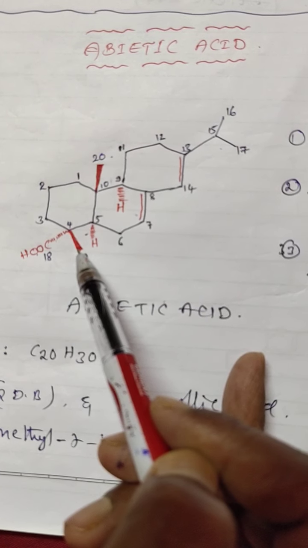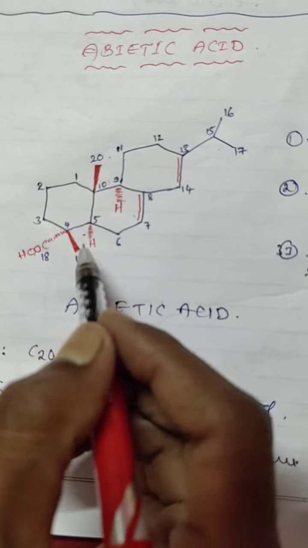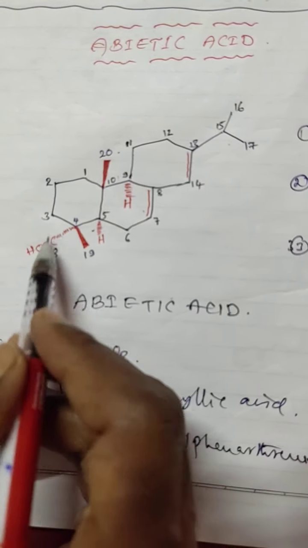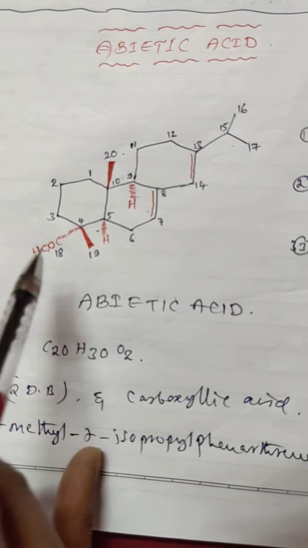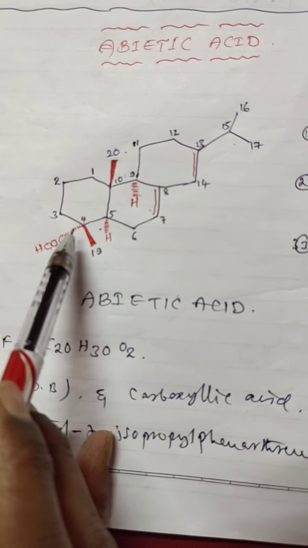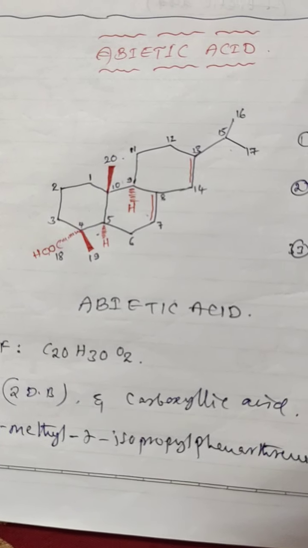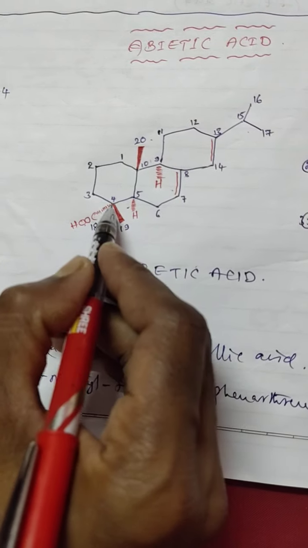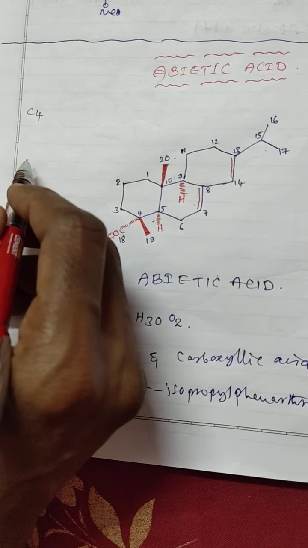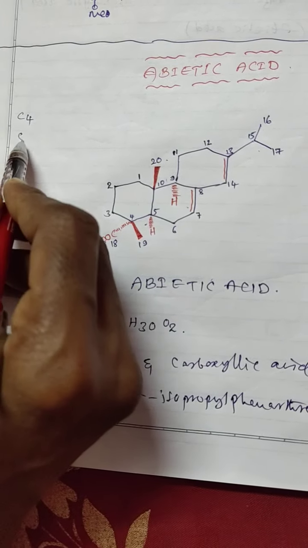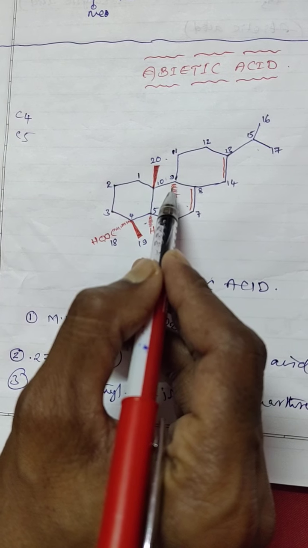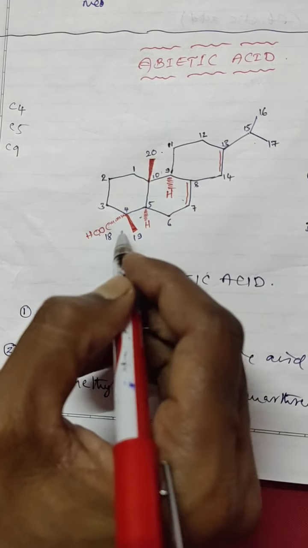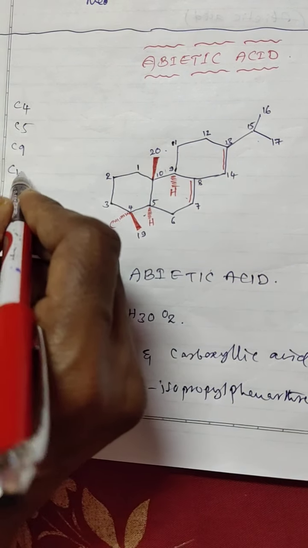So what about stereochemistry? We have to observe where the chiral carbons are present and how many. You can observe the positions: one is C4, another one is C5, next there may be C9, and another one is C10.